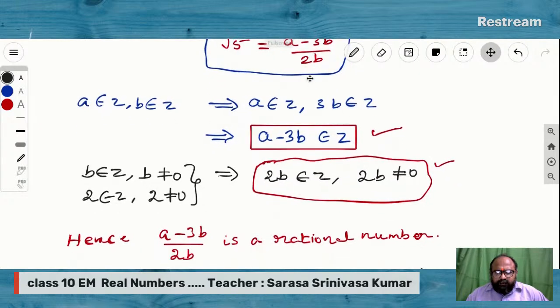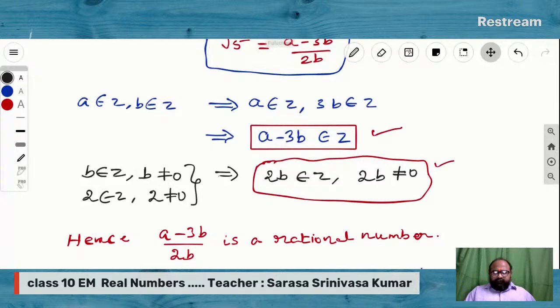Now we consider the denominator term 2b, and we prove that it is an integer and it is not equal to 0. b is an integer and b is not equal to 0, because we assumed this. 2 is an integer and 2 is not equal to 0. From this, the product of two non-zero integers is again a non-zero integer.